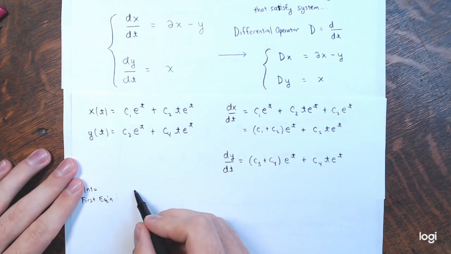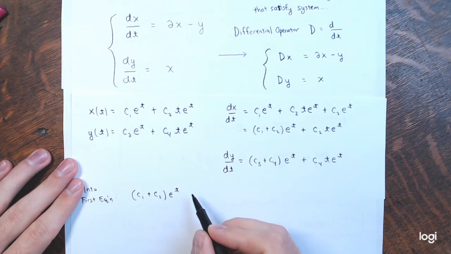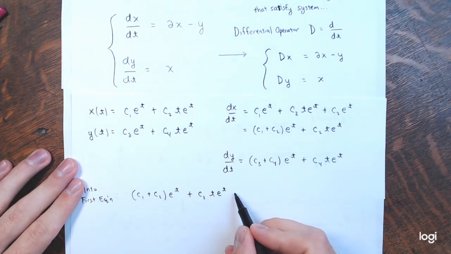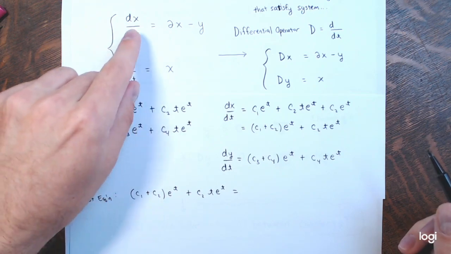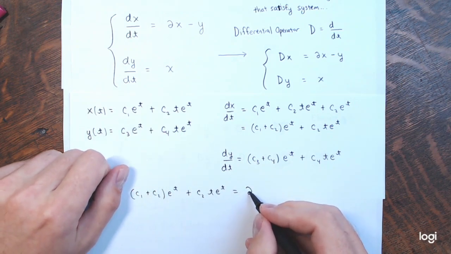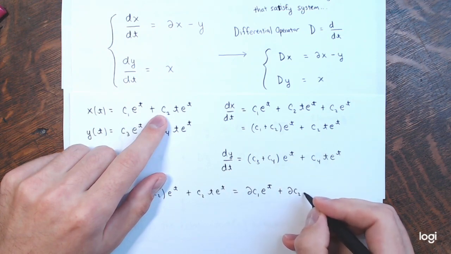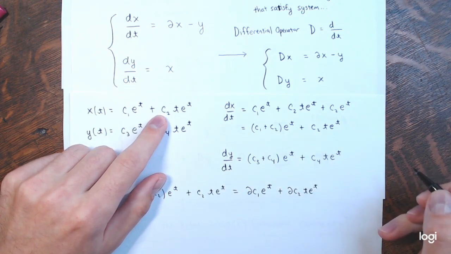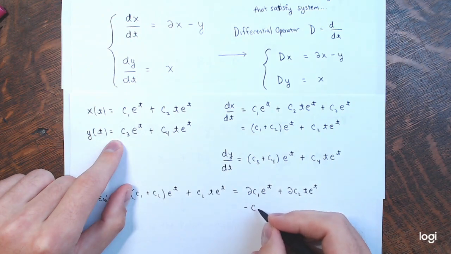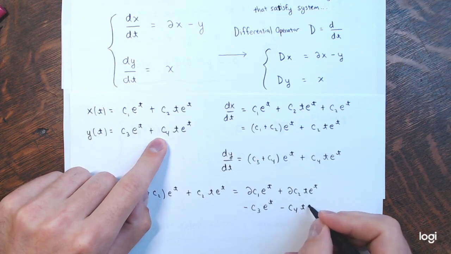We'd have c1 plus c2 times e to the t plus c2 times t e to the t must be equal to 2 times x, so just distributing the 2, that would be 2c1 e to the t plus 2c2 t e to the t. And then minus y, so minus c3 e to the t minus c4 t e to the t.